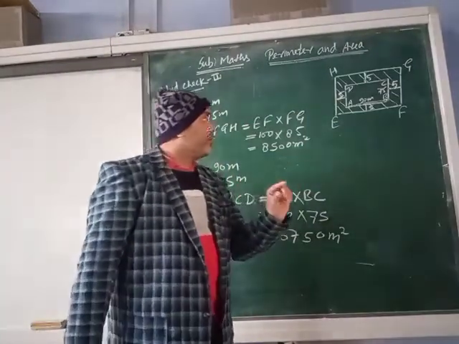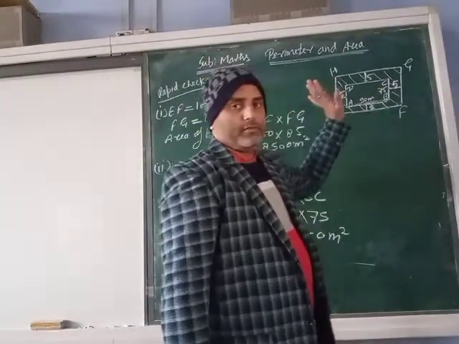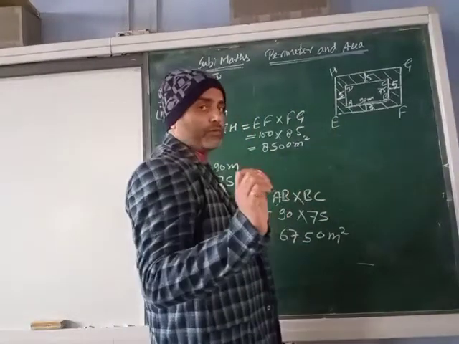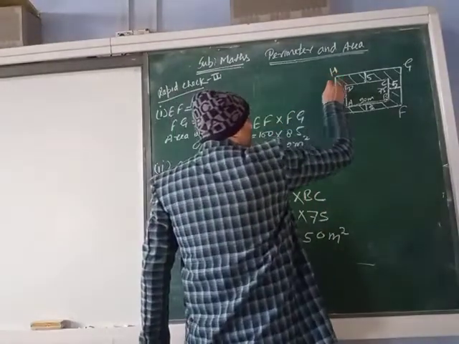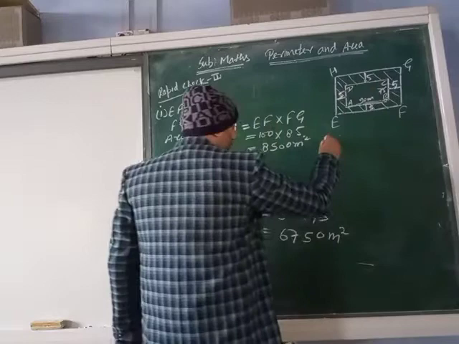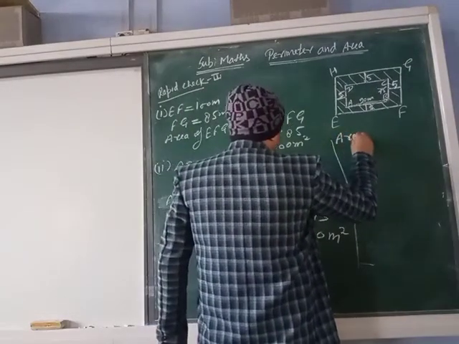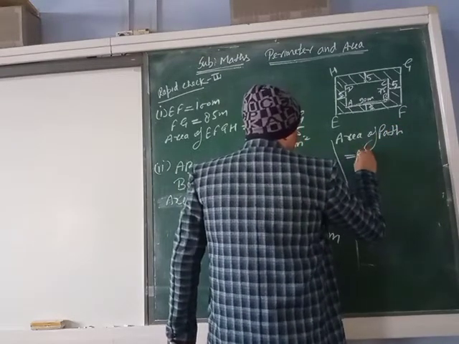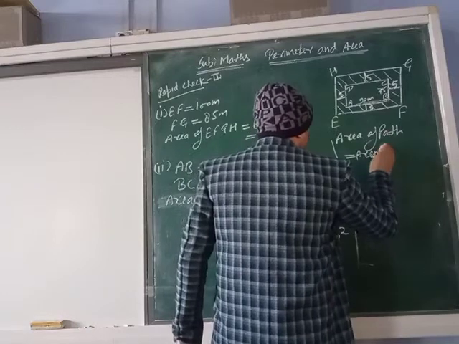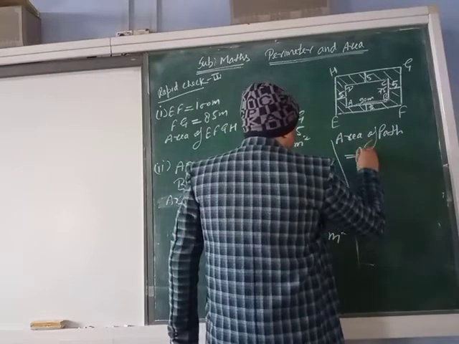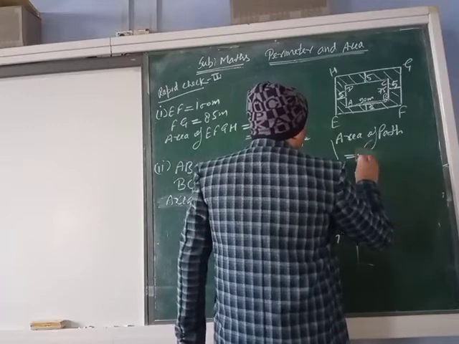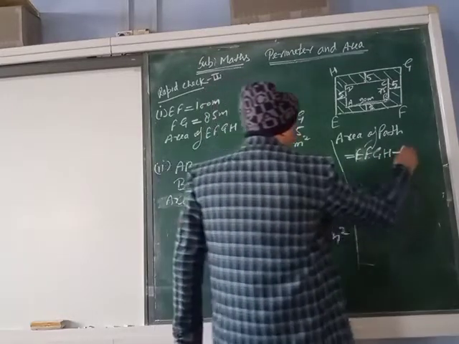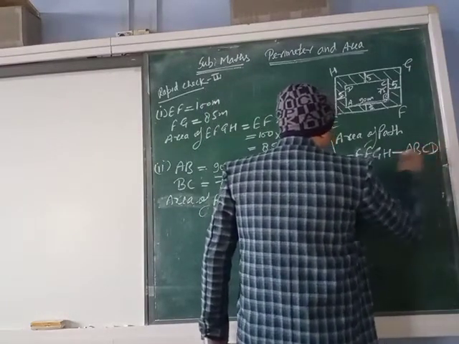Now the third question asks what is the area of this path, which is the shaded portion. Then simply what will we do? First of all, subtract. Area of path is just simply area of EFGH minus ABCD.